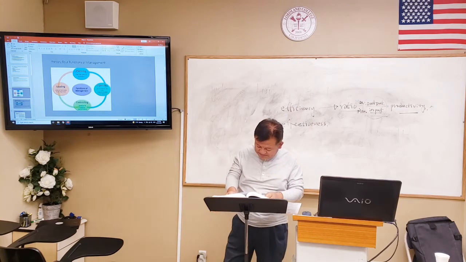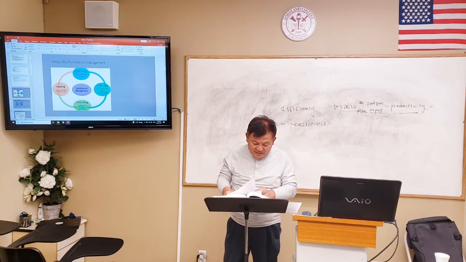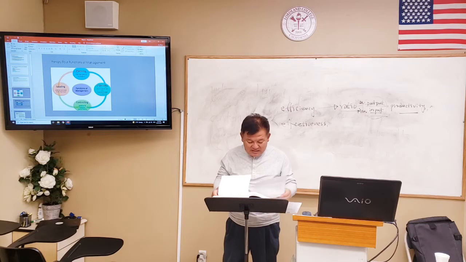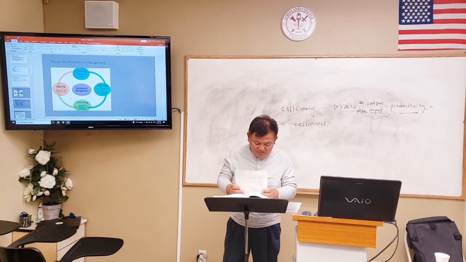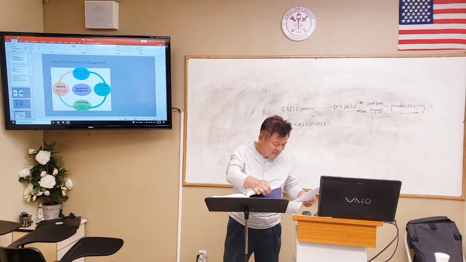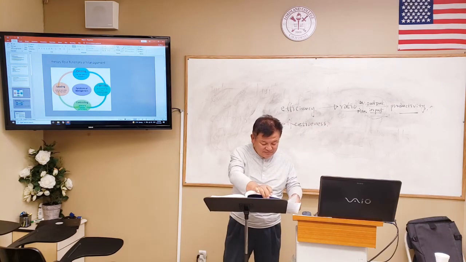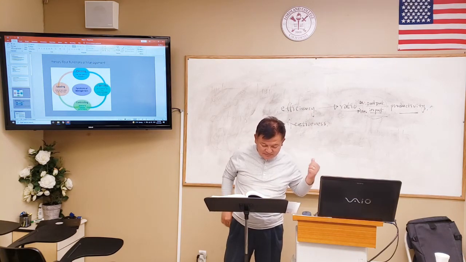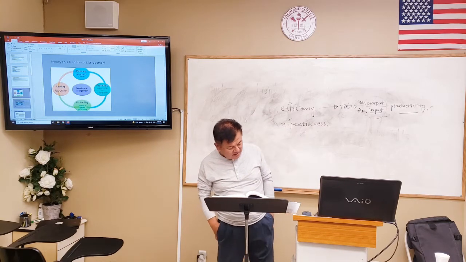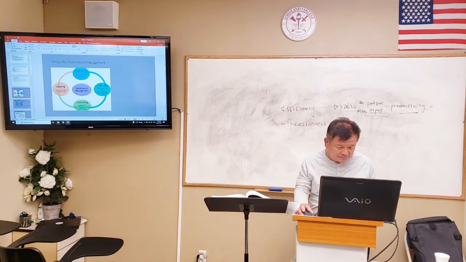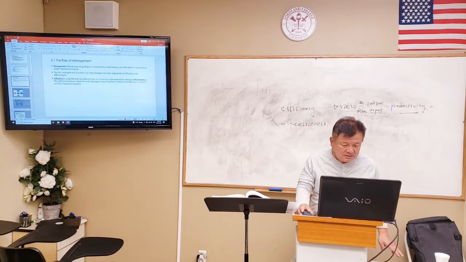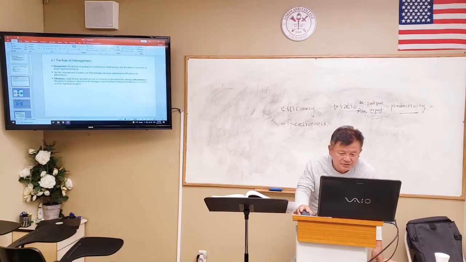So I guess we see the difference between management and business, and effectiveness and efficiency. Say again, the functions of management are planning, organizing, controlling, leading. And right here is the efficiency and effectiveness concept.